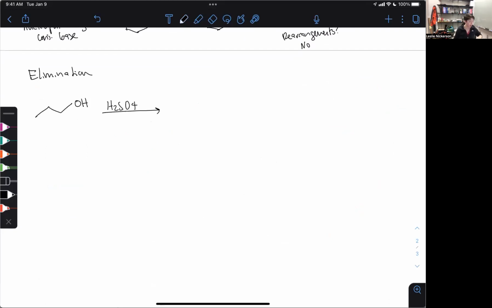The thing that we want to note here is H2SO4 can't really occur without some water present, even when it's concentrated.